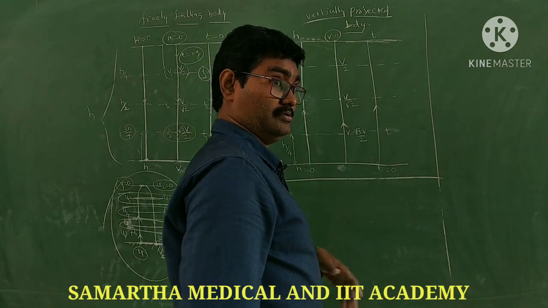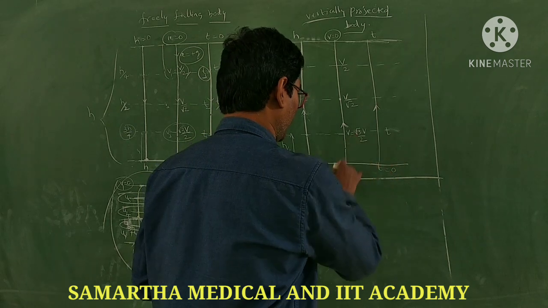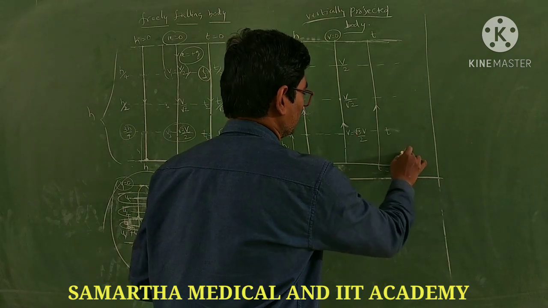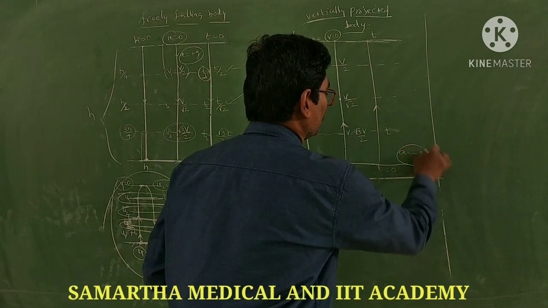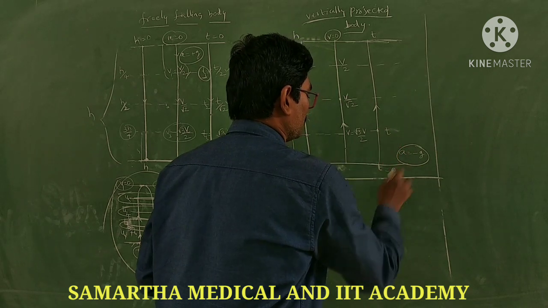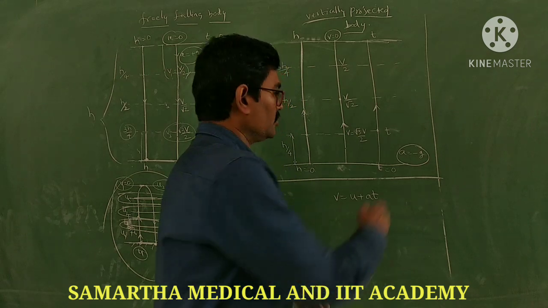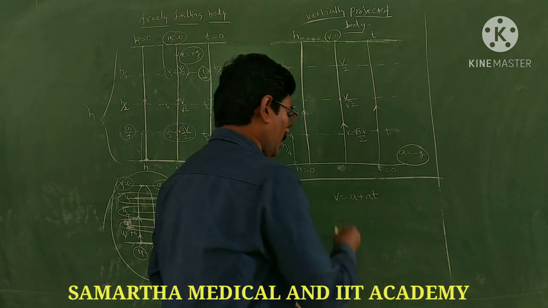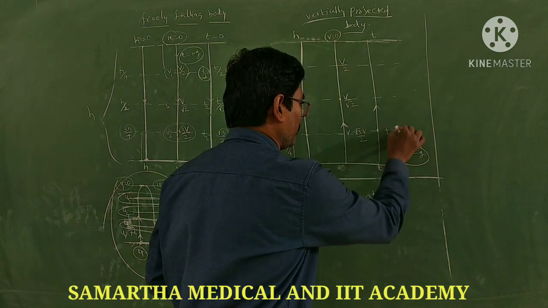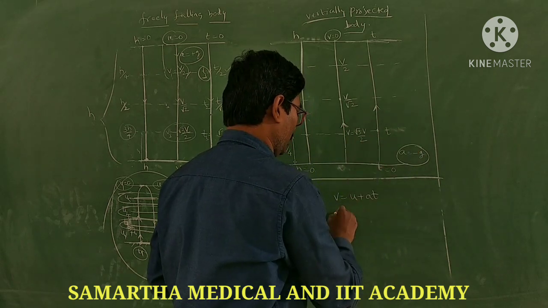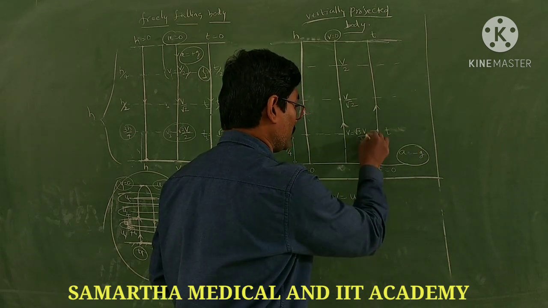I need to calculate. While going upward, what is a? Minus g. Very good, a is equal to minus g. So use here v is equal to u plus at to calculate this t3. V at this point, suppose v is what? Root 3 v by 2.